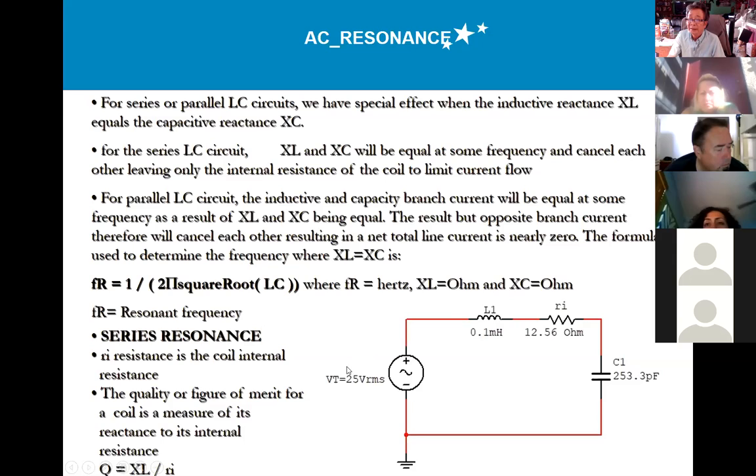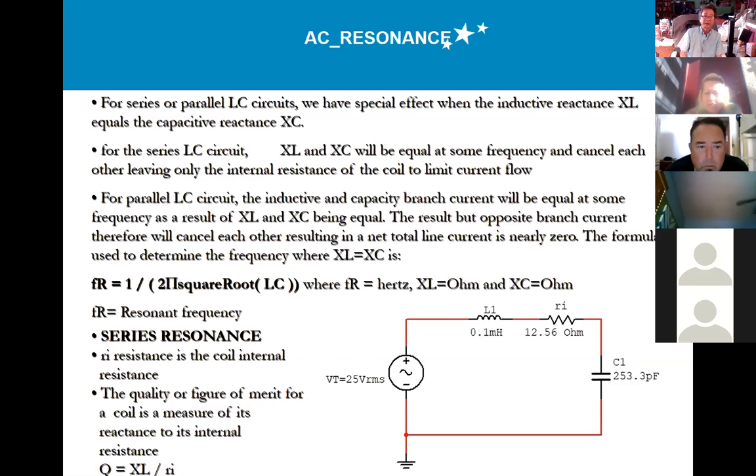Also they're talking about the quality factor, the figure of merit for the coil, which is a measure of its reactance to its internal resistance. Quality Q equals XL divided by Ri.